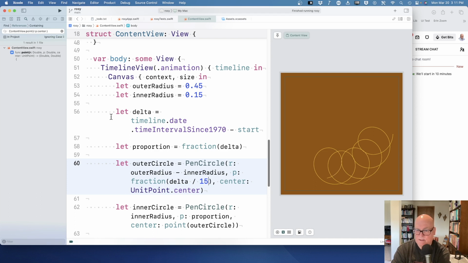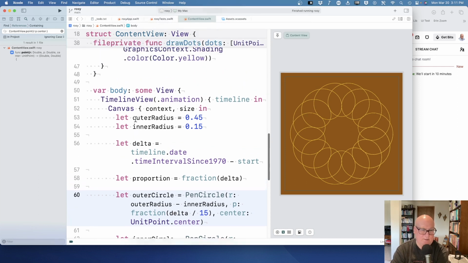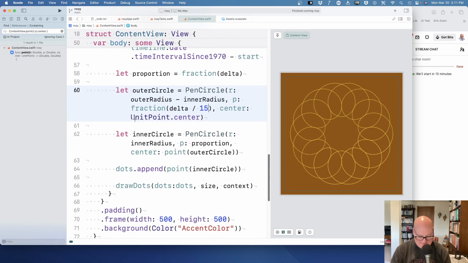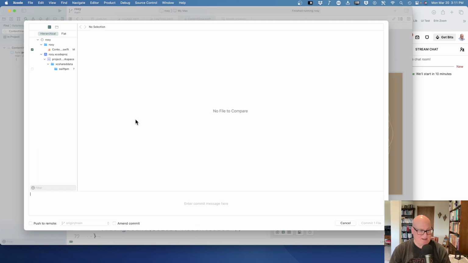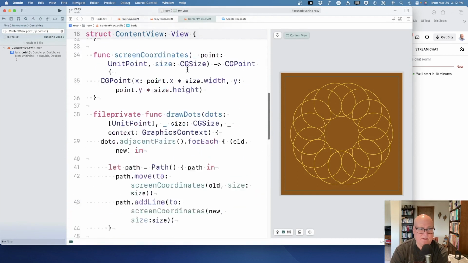I still want something interesting, and this seems to be the least. I mean, that lets it overlap a little bit. Okay. Now, let's save that. Be a little more diligent here. Make dots hold unit point instead of pen circle.